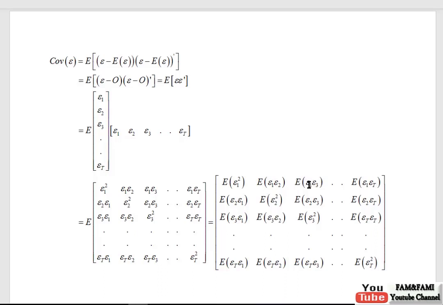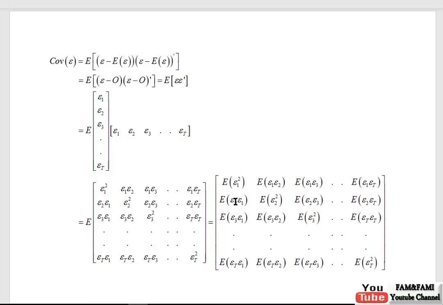And look here, epsilon 1 and 3, again these two are different, and the last one epsilon 1 with t. Expected epsilon 1 3 and expected epsilon 1 t, all these will be replaced with 0 due to the assumption of independence of errors.